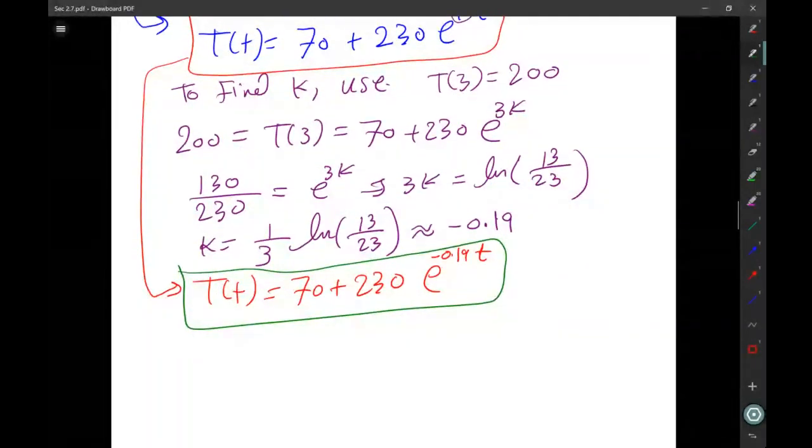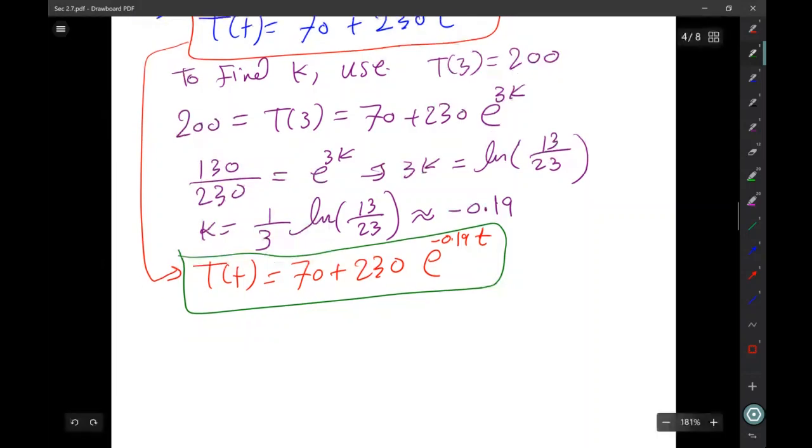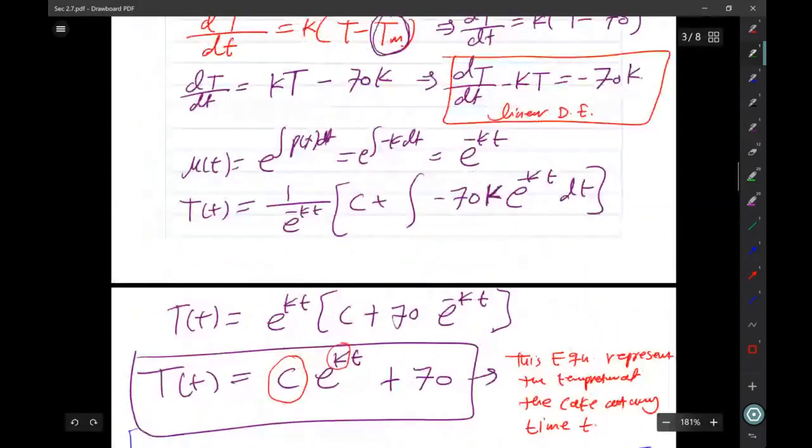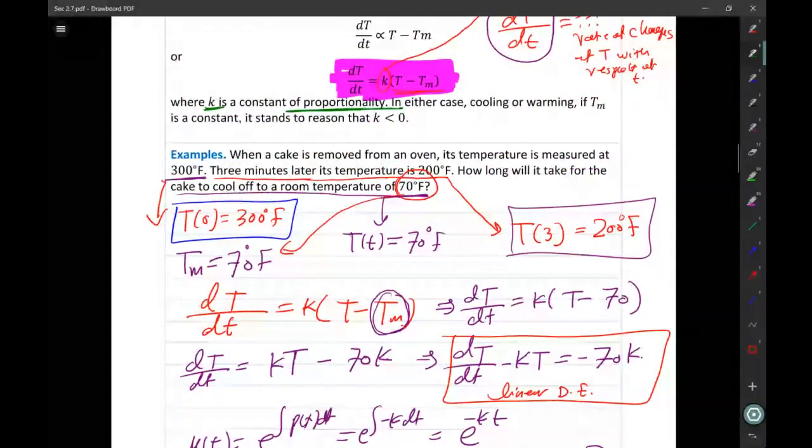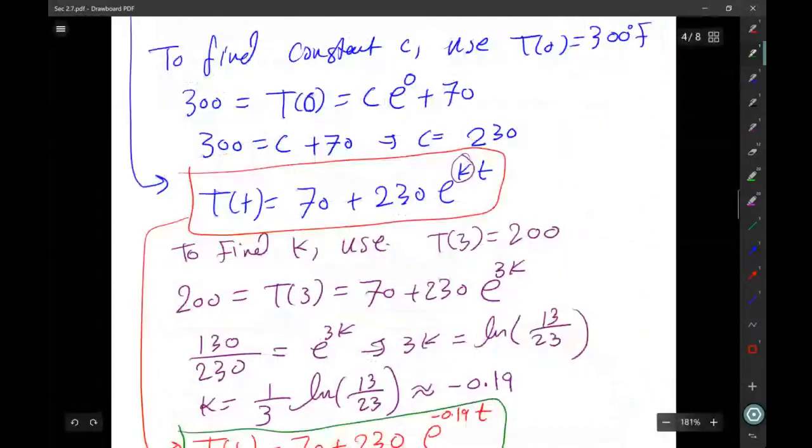Now go back to my question. My question says: when will the temperature arrive at 70 degrees? This is my question.